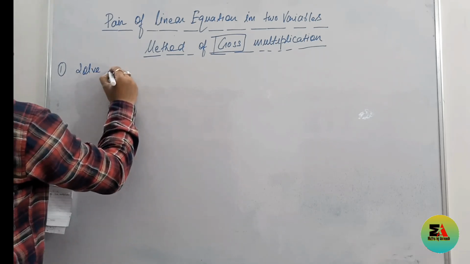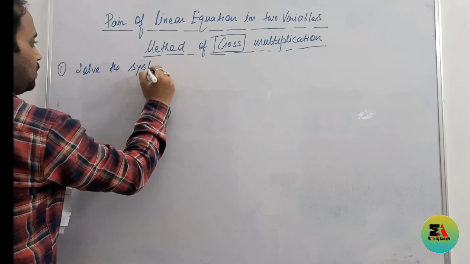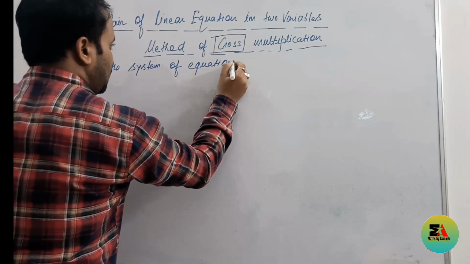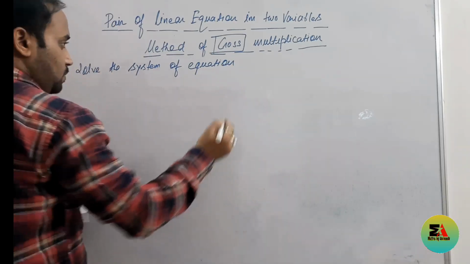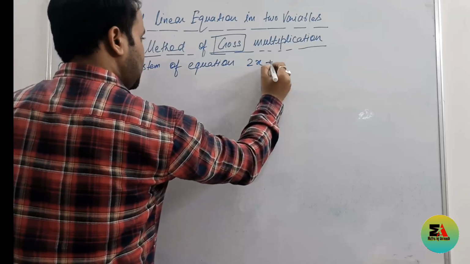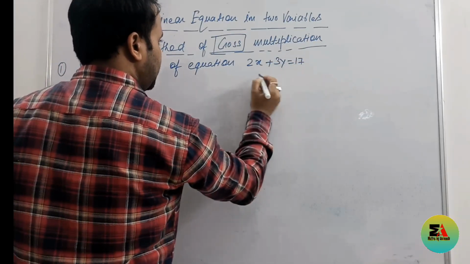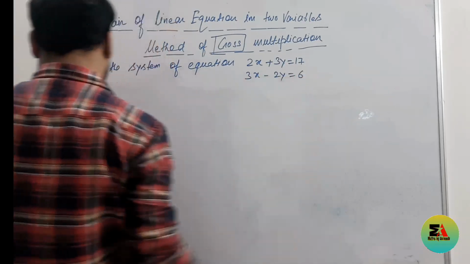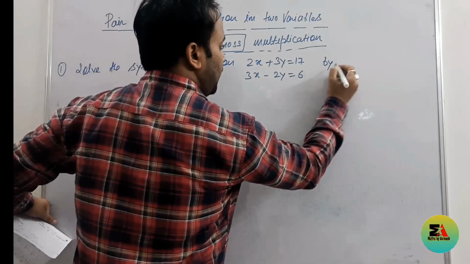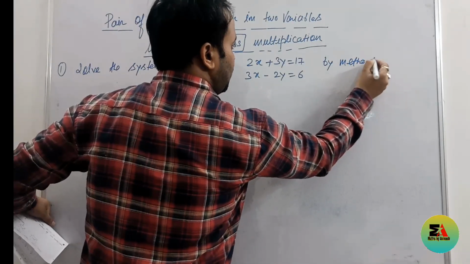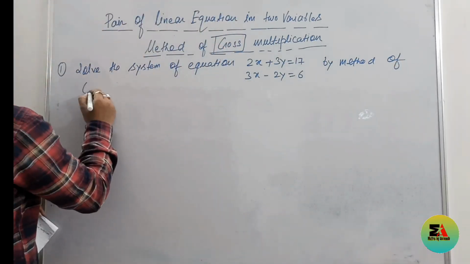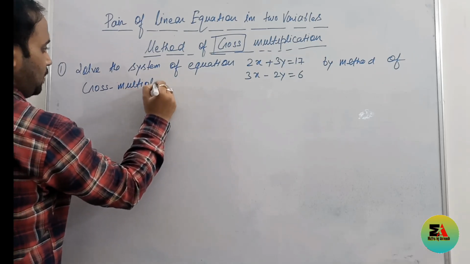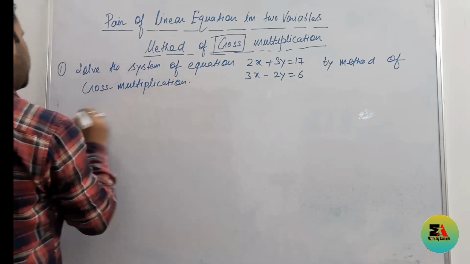Solve the system of equations 2x + 3y = 17 and 3x - 2y = 6 by the method of cross multiplication.